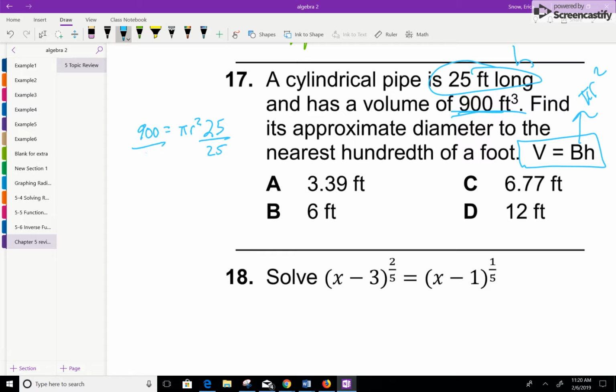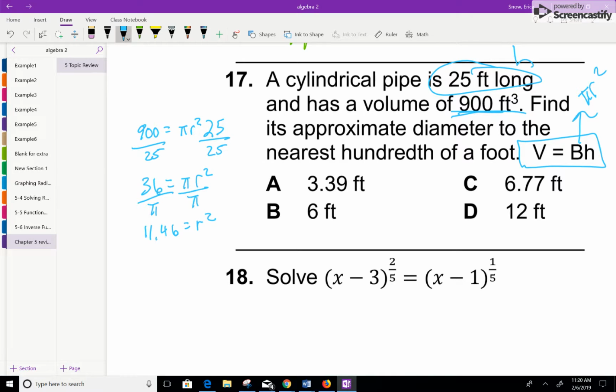So we're going to divide both sides by 25. And you will be using a calculator. Sorry, I'm doing it over here on the side. So we get 36 equals pi r squared. We divide by pi. And we get 11.46.